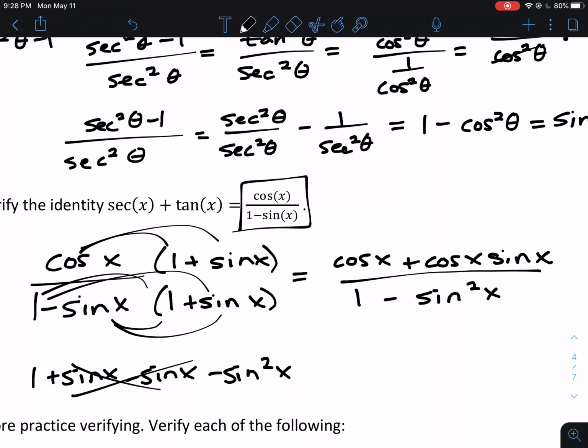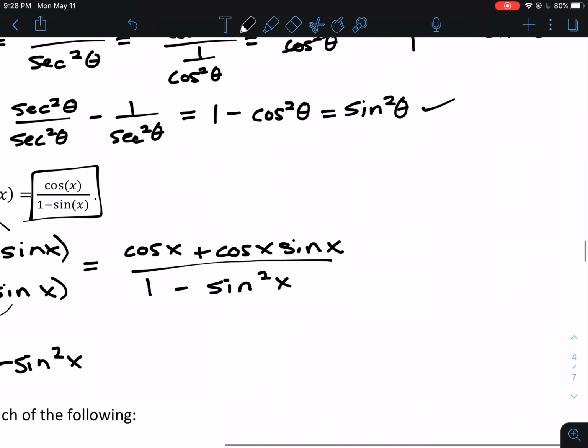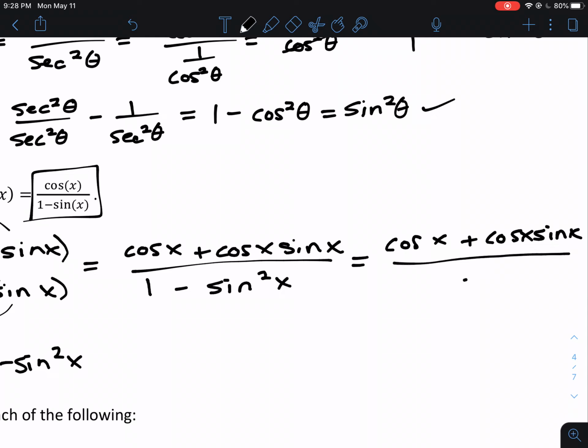And then the middle two terms cancel. And if you're familiar with multiplying by a conjugate, then that will make it a little bit faster for you to get there. Now, at this point, notice that the denominator, 1 minus sine squared x, is actually one of our Pythagorean identities. If you recall, 1 minus cosine squared x is sine squared x, or 1 minus sine squared x is the same as cosine squared x.